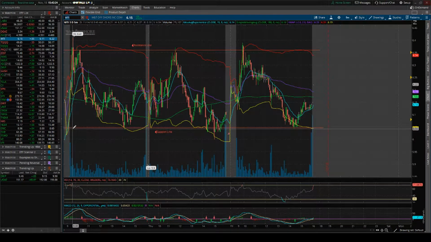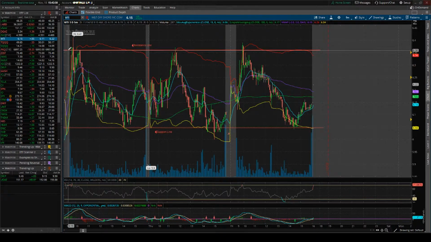Okay, I established a support line down here and I established a resistance line. And all that means is whenever the stock price hits this resistance line, generally it tends to reverse and then go back down, right? And then whenever it hits this support line down here, it tends to reverse and go back up. And it's done that consistently several times, right?